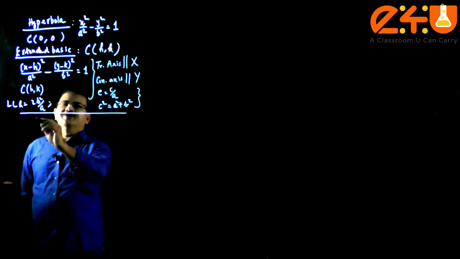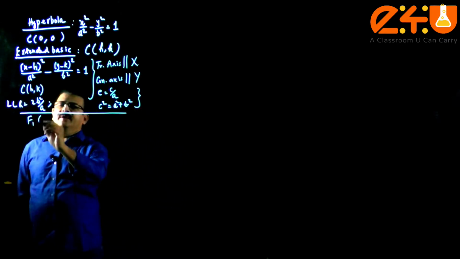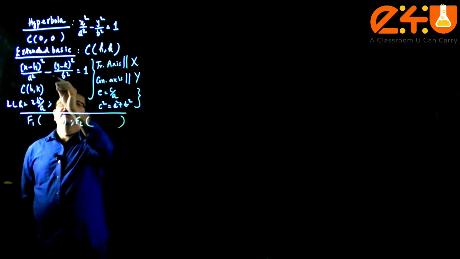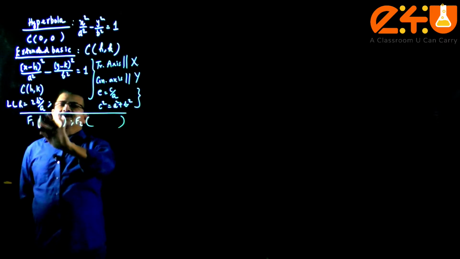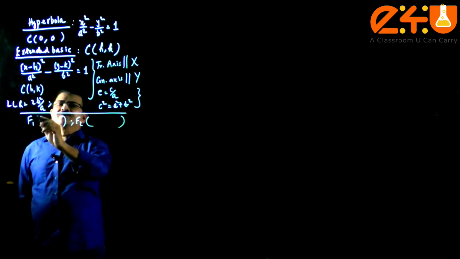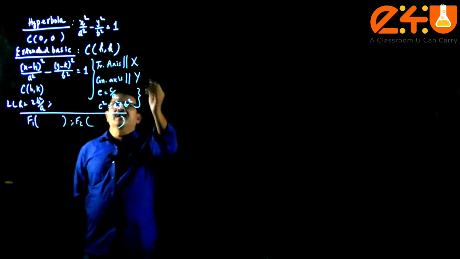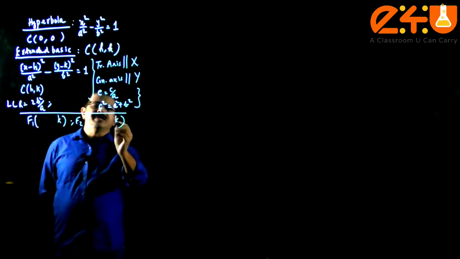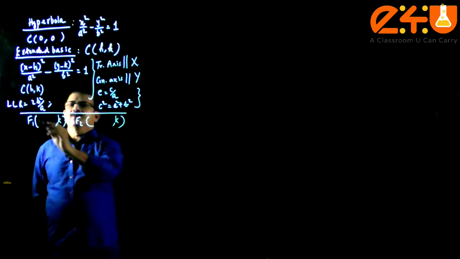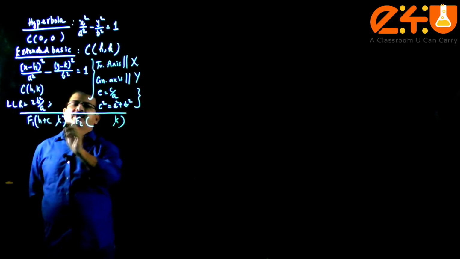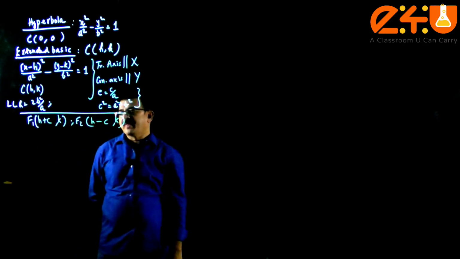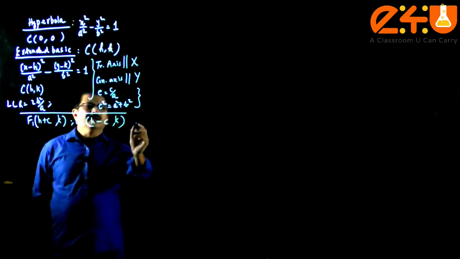So what happens to the foci, F1 and F2? Because the transverse axis is parallel to x, the y coordinate doesn't change. So we add c units to h and subtract c units from h.